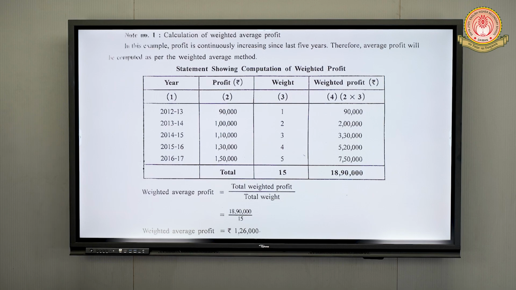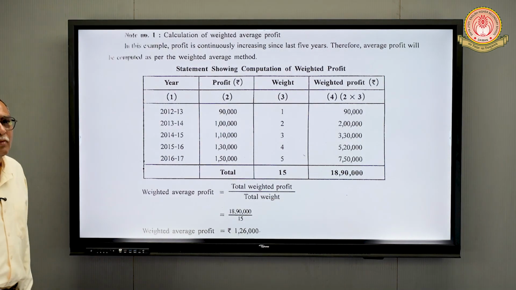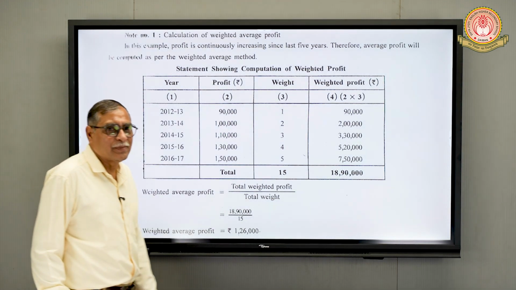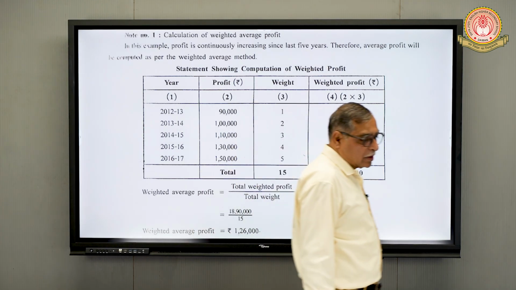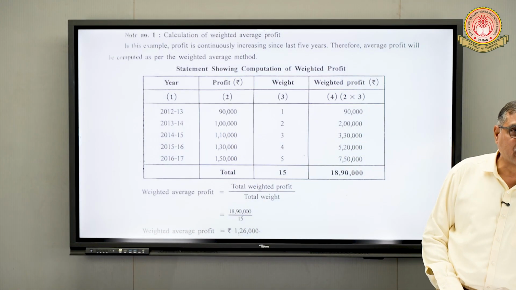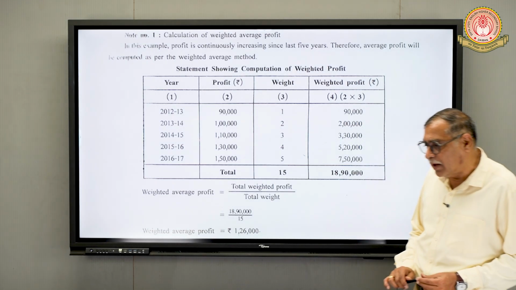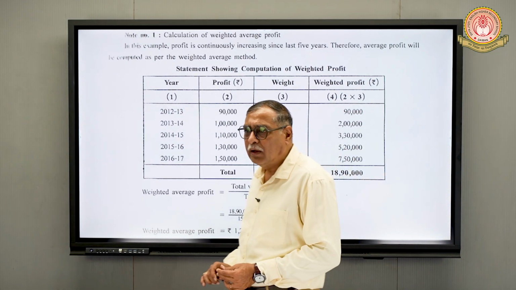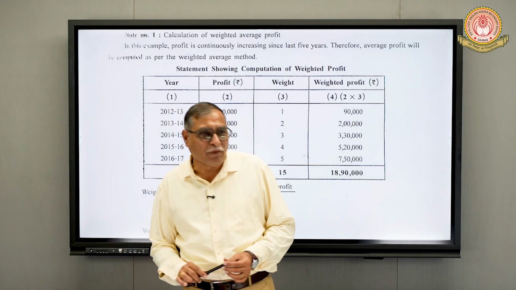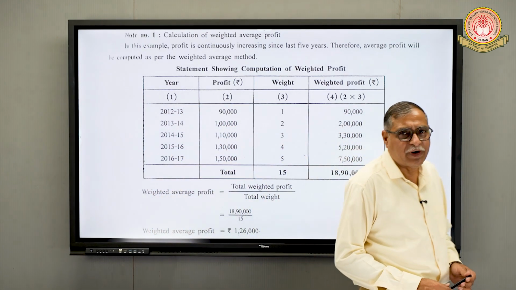Then what was the next method? Capitalization method, right? Goodwill by capitalization method, that is average profit method. What do we calculate in the capitalization method? We calculate capitalized profit. How do we calculate capitalized profit?